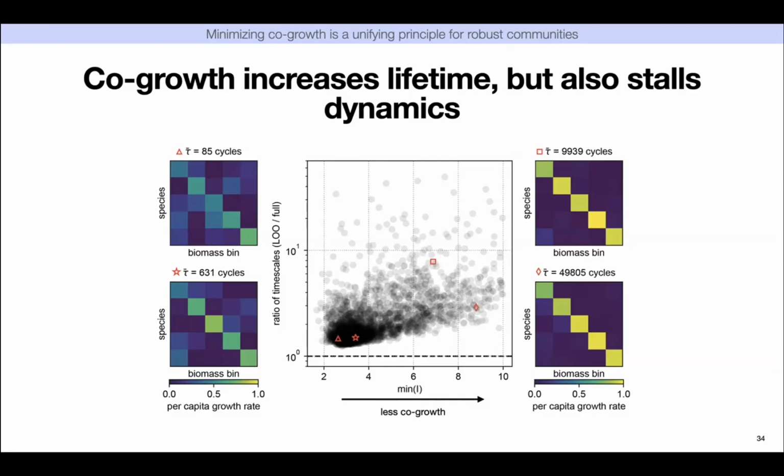So we started to look at this in the context of our mechanism agnostic model, in which here on the y-axis, I'm showing you the ratio of the timescale when you leave one of these species out versus if you leave the full 5 species system.